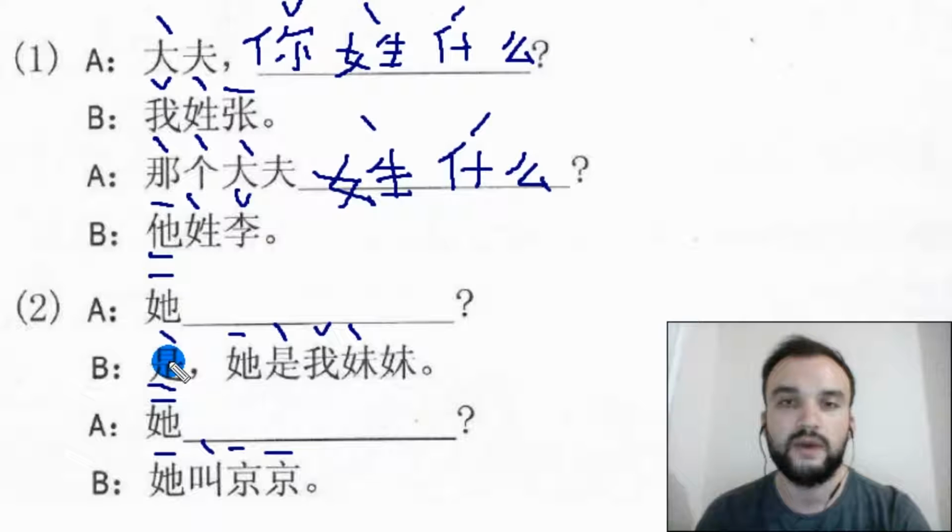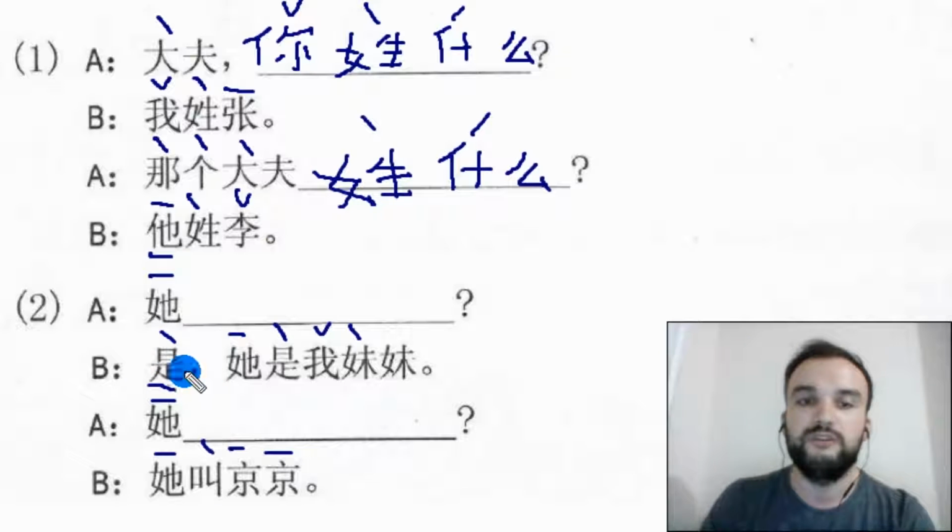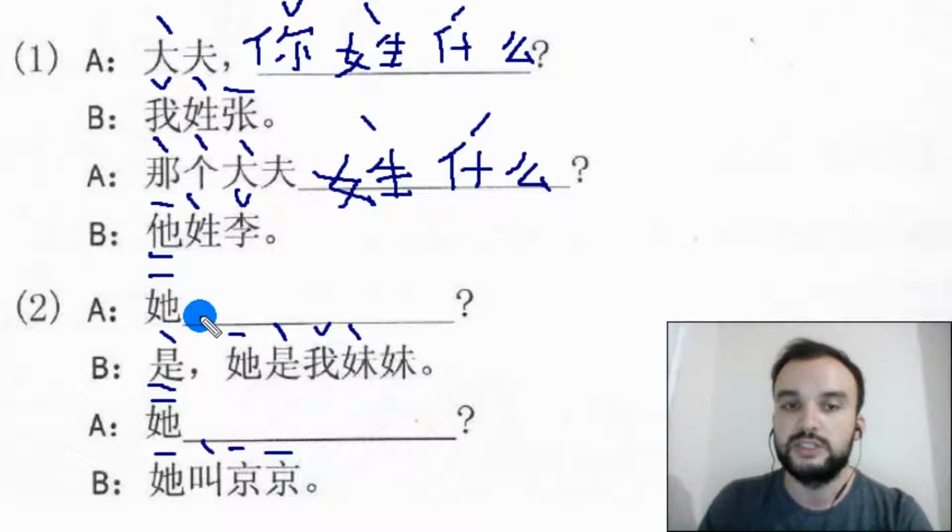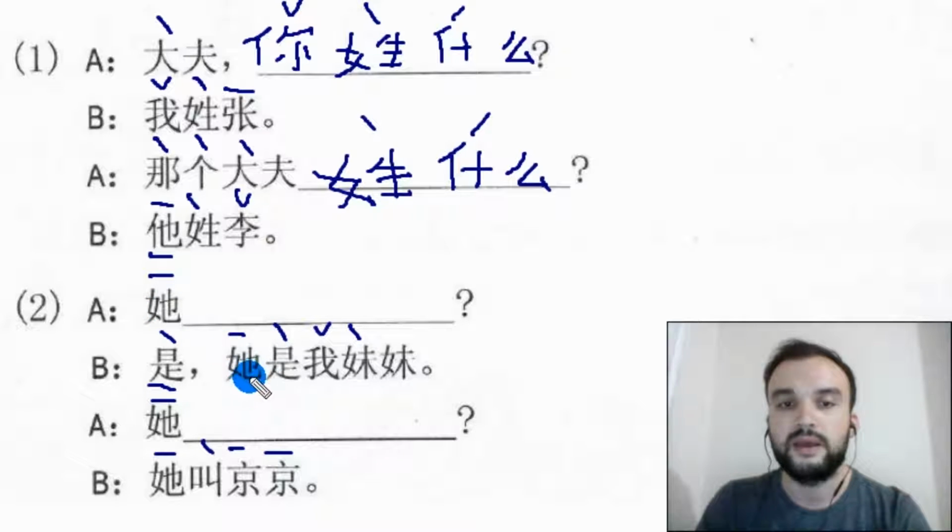For example, if I ask you, "你来吗?" Do you come? So you can answer like "来" or "不来." So you can use the verb in my question. The verb in my question is "来." "来" is second tone. So here, if we use she, so she must be in our question, right? Okay, note this.